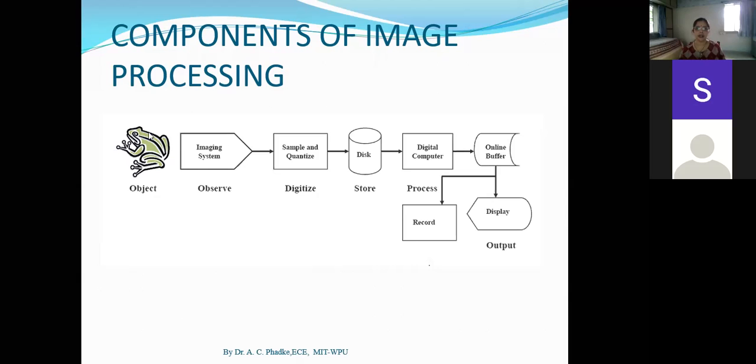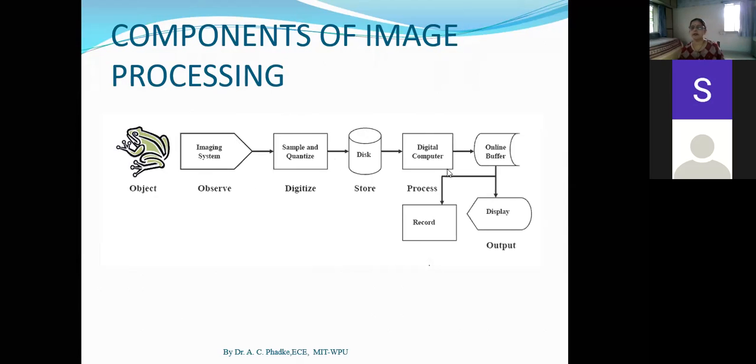In order to capture the image of the object of interest, we need some imaging system. This imaging system, along with sampling and quantization, can be your camera or any other image acquisition system. Then you need some storage to store the acquired data.